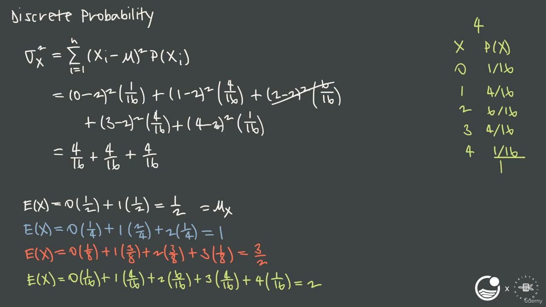And then 4 minus 2 is 2, quantity squared is 4, times 1 over 16 is 4 over 16. We end up with 4 plus 4 plus 4 plus 4 is 16. So we get 16 over 16, or 1. And so our variance for this particular discrete random variable, the number of heads we flip when we flip a coin 4 times, is 1.